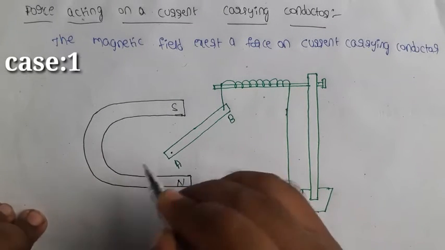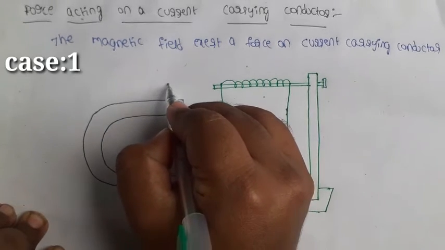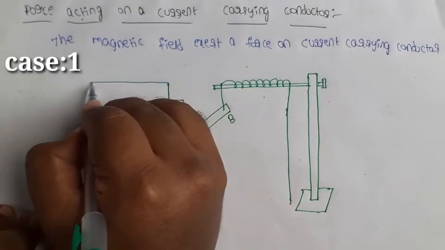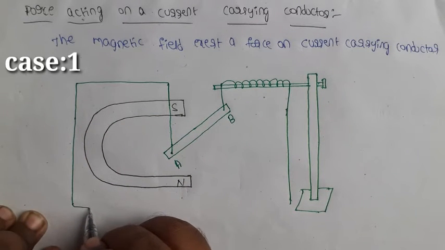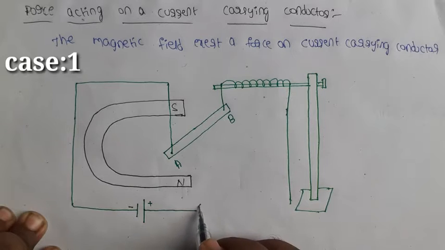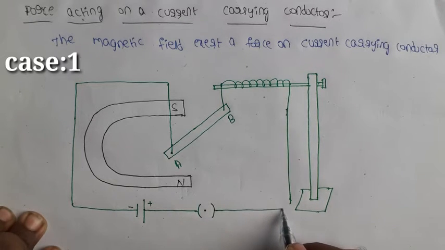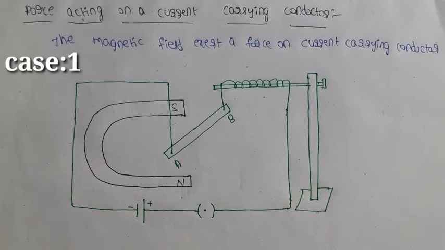The end of the rod is connected to the negative terminal of the battery, and the positive terminal of the battery is connected to one terminal of the plug key. The other terminal of the plug key is connected to the other end of the rod. This is the electric circuit construction.